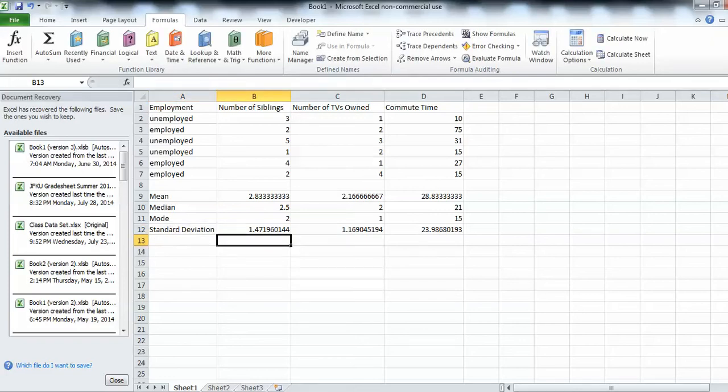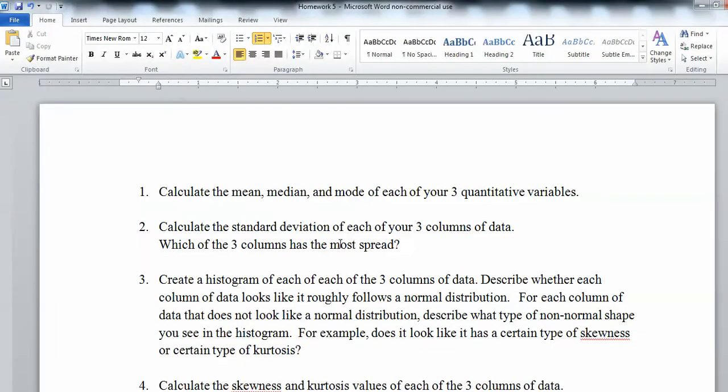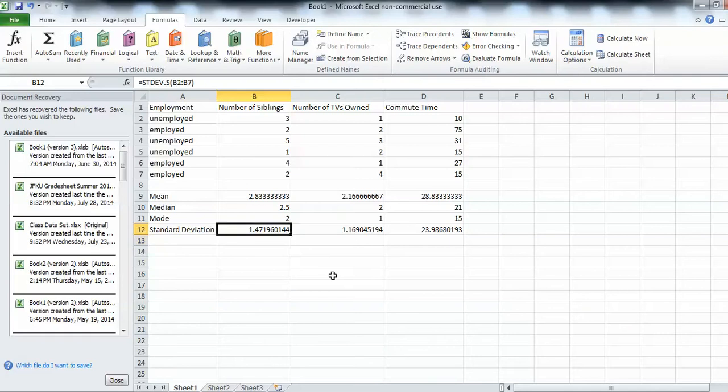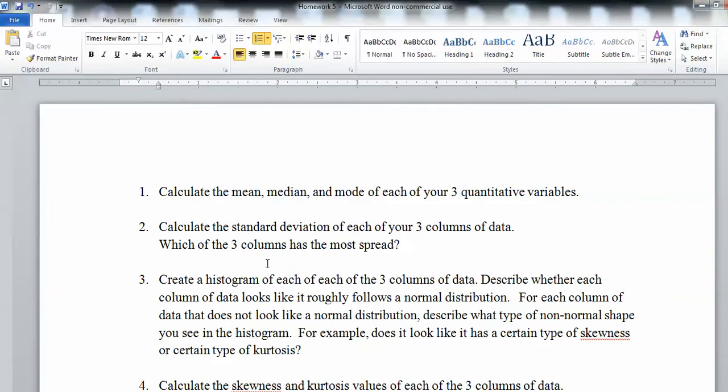Now let's go back. It says which of the 3 columns of data has the most spread. That just depends on which one has the largest standard deviation. So for me, it's commute time has the most spread. These numbers here are more spread out than the numbers in these columns. So I would say under here, commute time has the most spread.